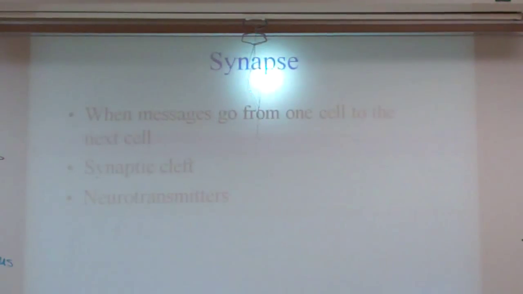Notice how one axon goes to the next dendrite of the next neuron. Okay? And then one more thing. There's the myelin sheath, or what's the other name it can go by? Neurolemma. And that goes around here. It's kind of like a coil. But that speeds up the impulse.